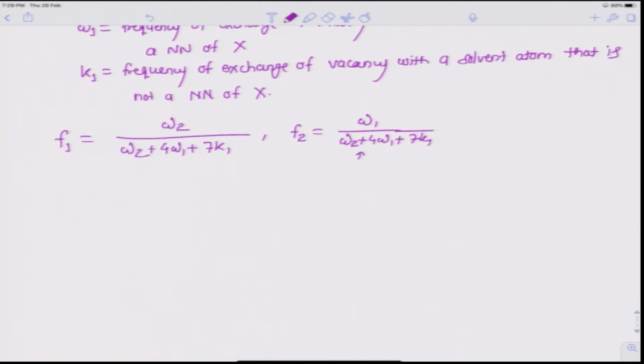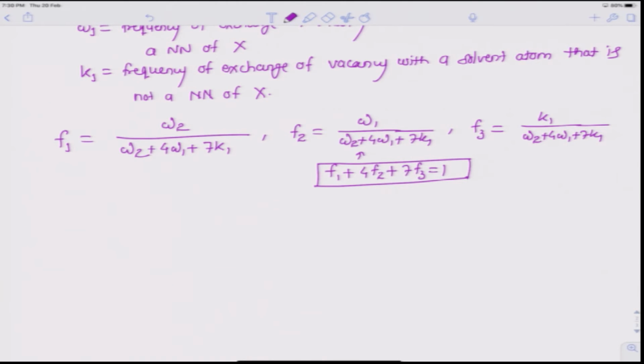This is the probability that the vacancy exchanges with a solvent atom which is also a nearest neighbor of X, and let us call F3 the probability that the vacancy exchanges with a solvent atom which is not a nearest neighbor of X. So, then that would be K1 over omega 2 plus 4 omega 1 plus 7 K1, and so we can get F1 plus 4 F2 plus 7 F3 should be equal to 1.